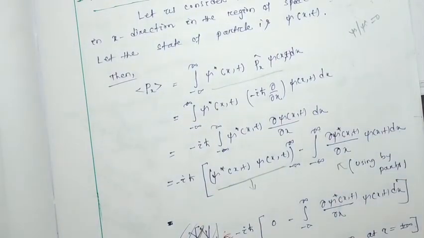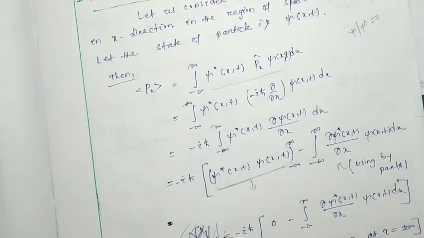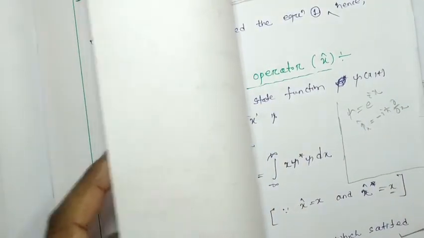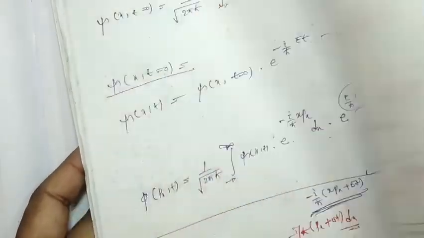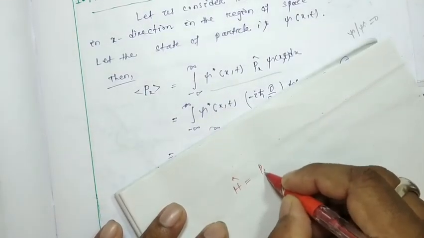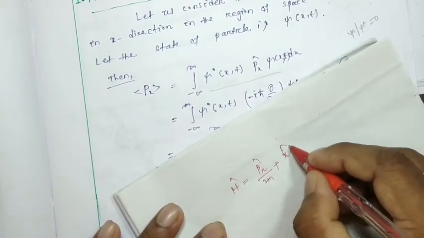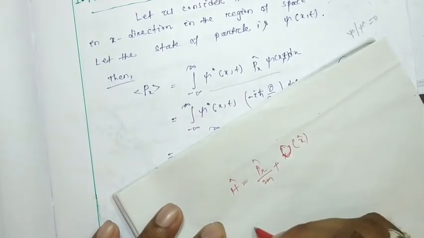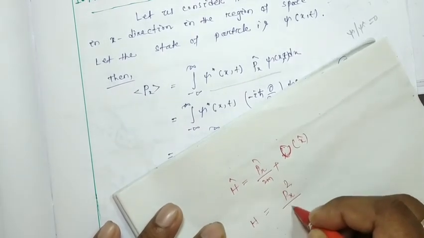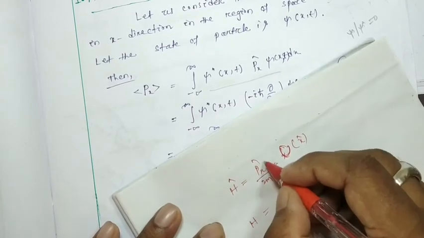I have told you all the steps, you just have to write and do it. In our next class, with all the instruction given, you also have to find out that the total energy operator is also Hermitian. The total energy operator is the Hamiltonian operator, that is Px square by 2m plus U x cap.